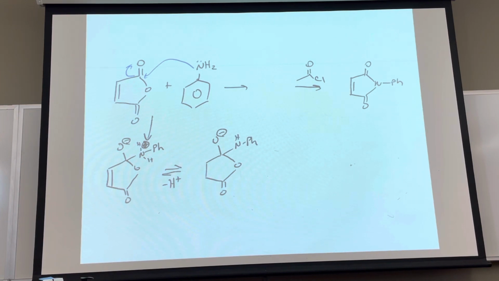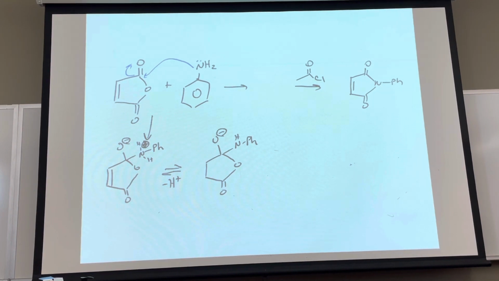All right, so the nucleophile has added in. If you think back to the nucleophilic substitution mechanism, what happens next? Yeah, you reform the carbonyl and kick out the leaving group, right? In this case, because we're dealing with an anhydride, the leaving group is a carboxylate. So we're going to reform the carbonyl and kick out the leaving group.